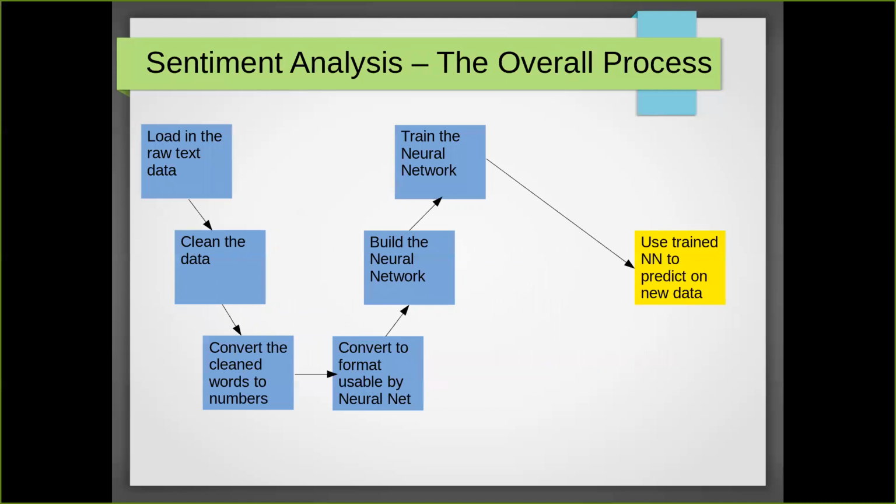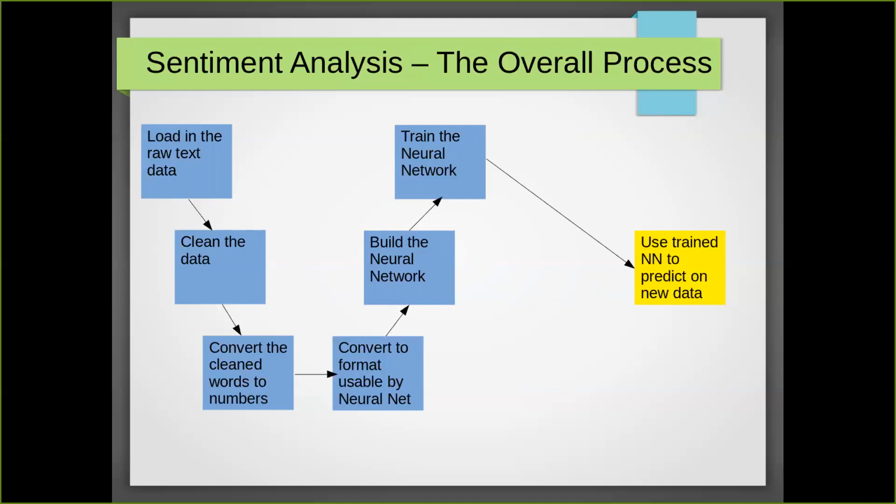So the basic overall process for sentiment analysis is this, and although it's by no means easy to do, hopefully by now, when I start showing you the code, this won't look too unfamiliar, because you've started to see how we build up neural networks and the basic processes we use for doing that.